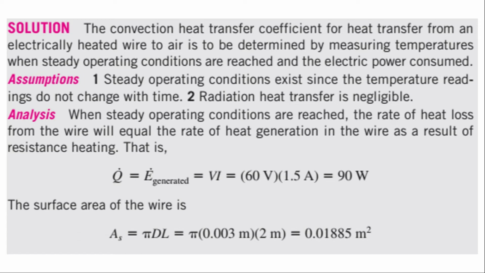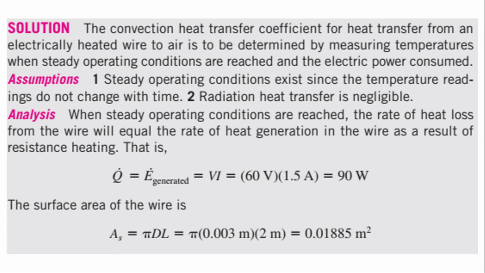First of all, we'll explain how this example will be solved. When the steady operating conditions are reached, the rate of heat loss from the wire will be equal to the rate of heat generation in the wire as a result of resistance heating. So how much heat is being generated by the resistance?